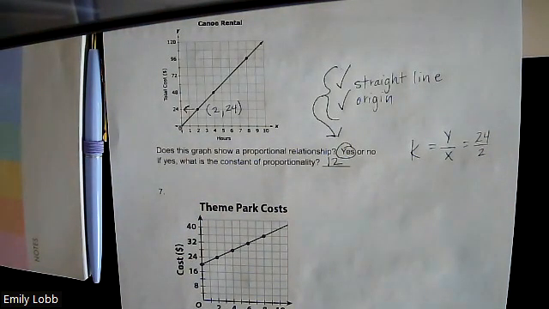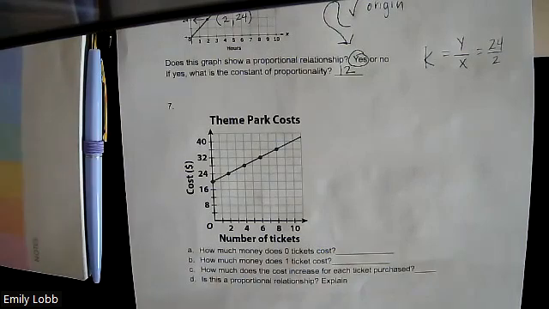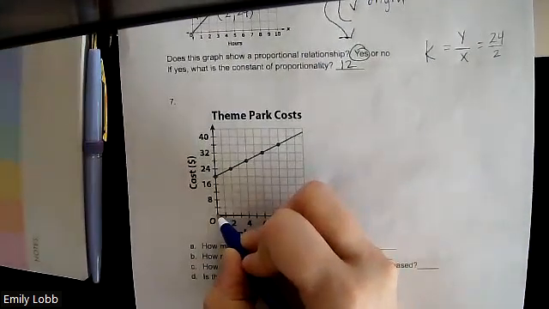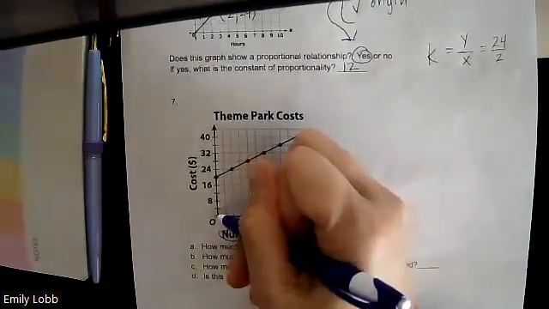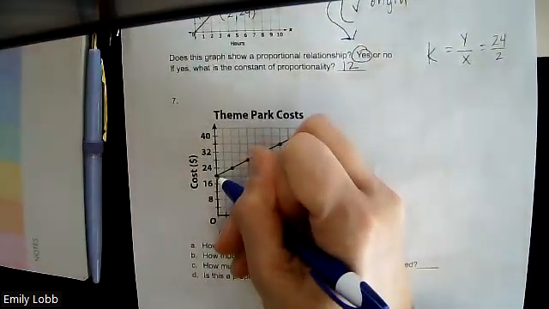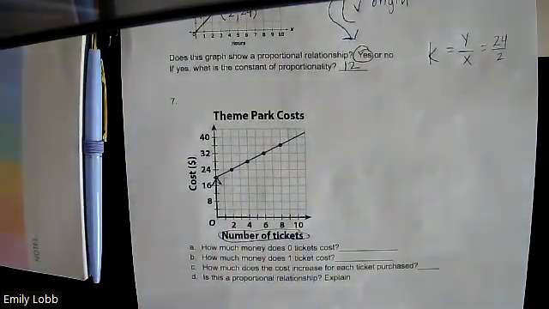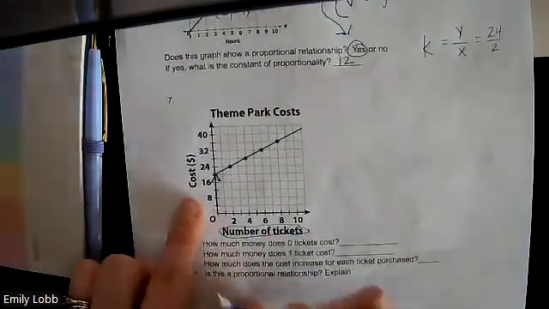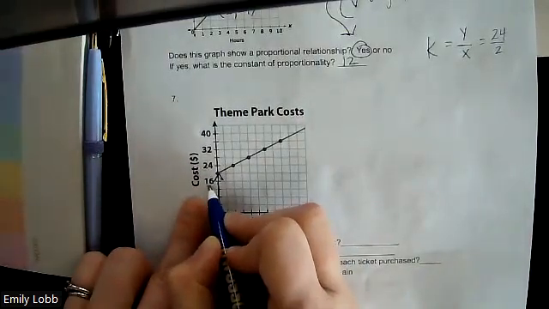Last one. How much money does 0 tickets cost? 0 tickets. This is number of tickets, right? So we're following 0 up to what? How much does 0 tickets cost? Each of these lines are going up by 4.